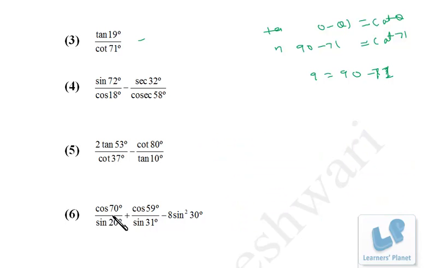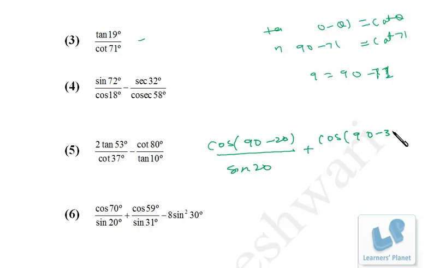Similarly, you can do this also. Cos 70 can be written as cos(90 - 20) by sin 20, plus cos 59 can be written as cos(90 - 31) by sin 31, minus 8 sin² 30 degree. Sin 30 degree is what? It's half. So sin² 30 degree will be 1 by 4.